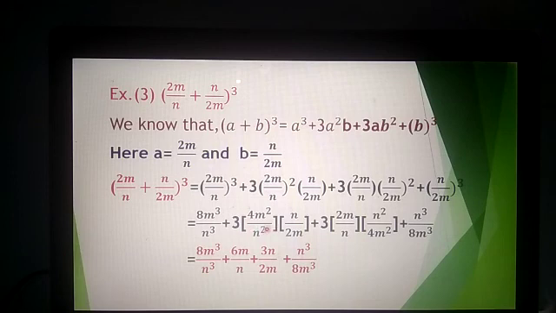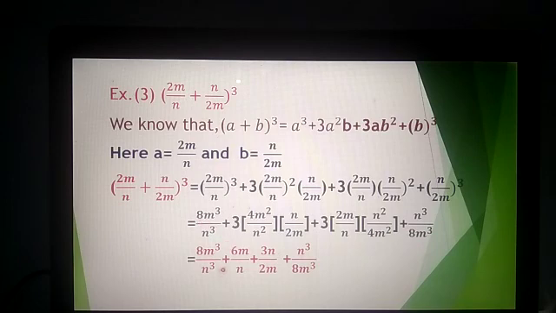This is one bracket, into n upon 2m as it is, plus 3 into 2m upon n as it is, and this square n upon 2m whole square means n square upon 2 square is 4 and m square is m square, 4m square, plus now n upon 2m whole cube means n cube upon 8m cube. Okay, now let us write the final answer.